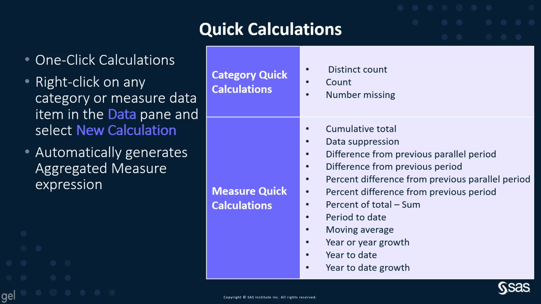In this table, you can see the available category quick calculations, as well as the available measure quick calculations. You will only see the periodic expressions if you have a date or date time available in your data source. And the periodic expressions include the ones such as previous parallel period, period to date, or year to date.